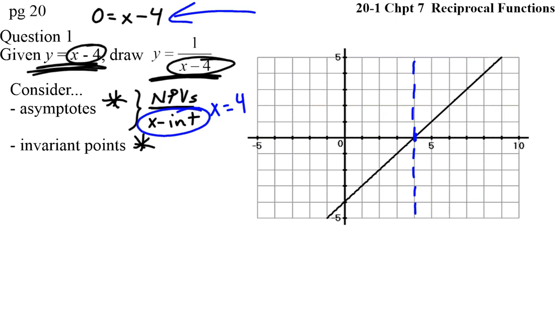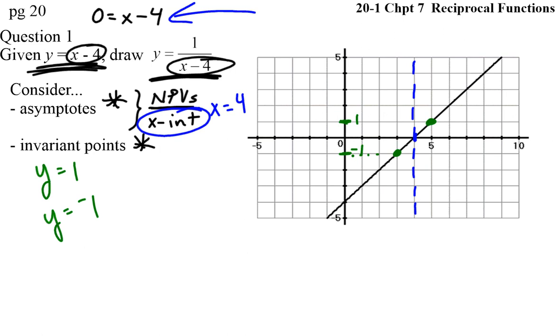And my invariant points. Invariant points happen where y equals 1 or y equals -1. So if I look on my graph, here's y equal to 1, here's y equal to -1. Well, when y equals 1, there's where my function occurs. Here's where my function occurs at y equal to -1.